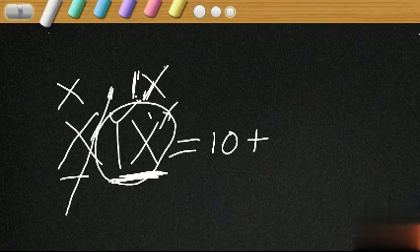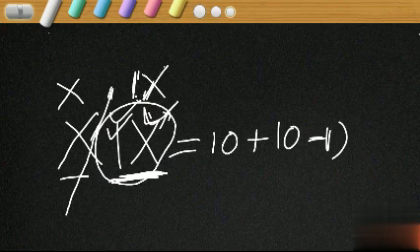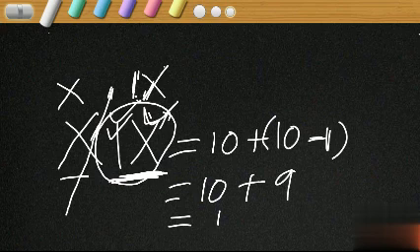What is the greater one here? X means 10. What is the smaller one here? I means 1. Okay. 10 plus 10 minus 1, 9. 10 plus 9, 19. This means 19. Is it clear? Hope you understood it.